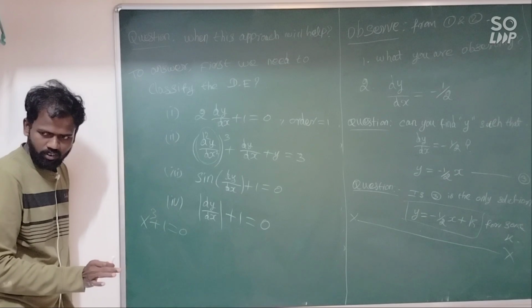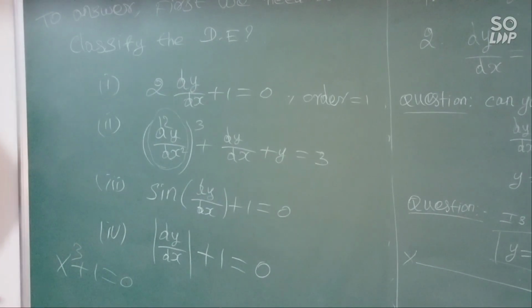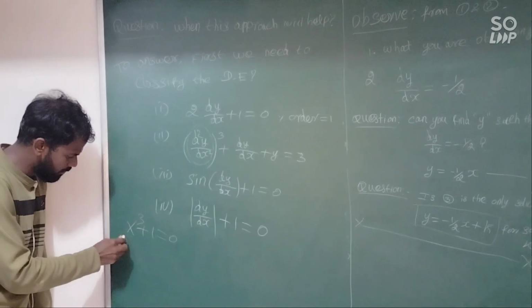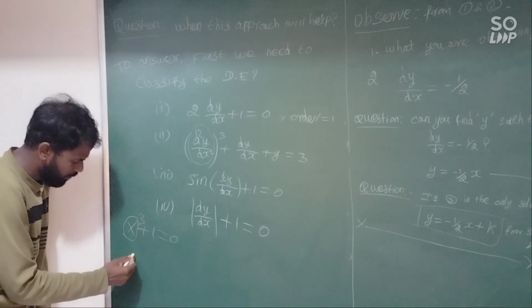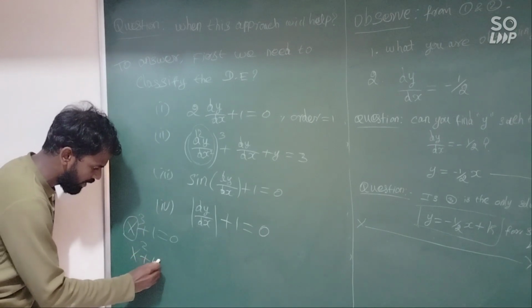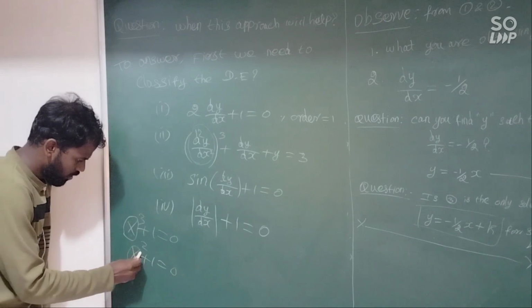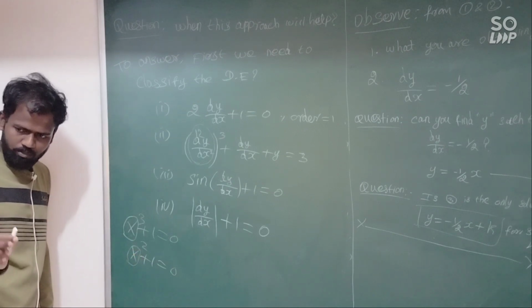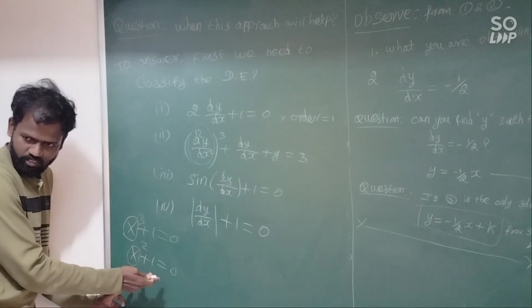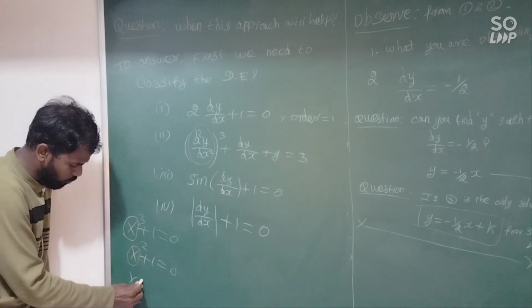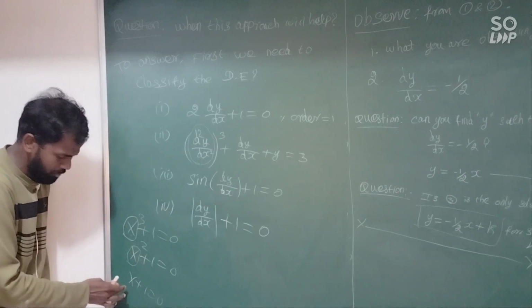X is a variable. You are assigning some name to this variable. Even if you write x squared plus 1 equal to 0, what is the variable here? X. The definition of variable is nothing but something which appears in the equation, like x plus 1 equal to 0. So what is the variable? X.